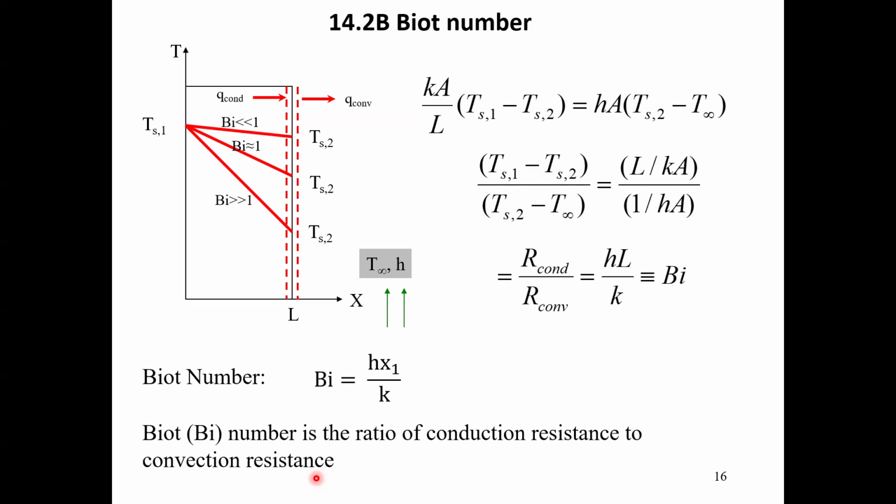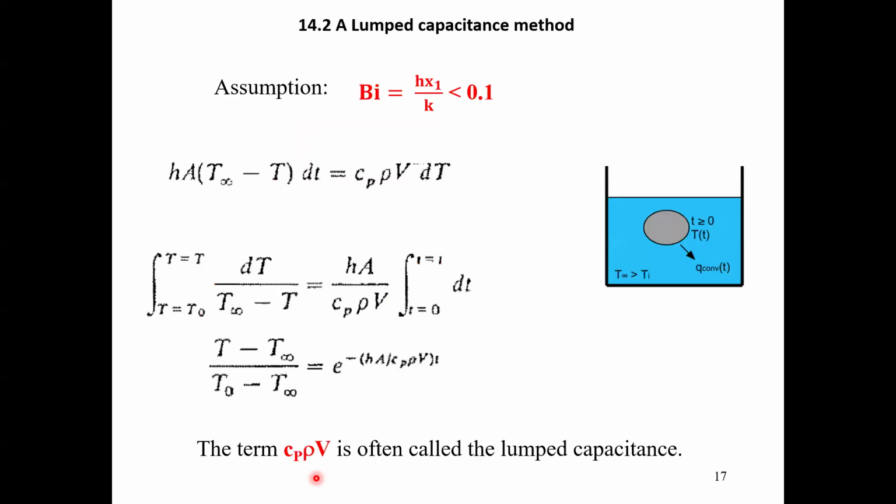Let's move on to a simpler unsteady state heat transfer method, which is called the lumped capacitance method. This method can be utilized when the Biot number is less than 0.1. What does that say?